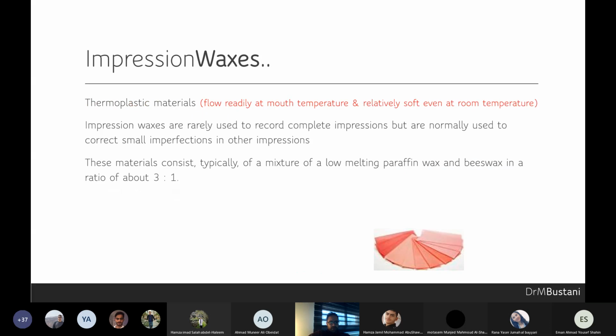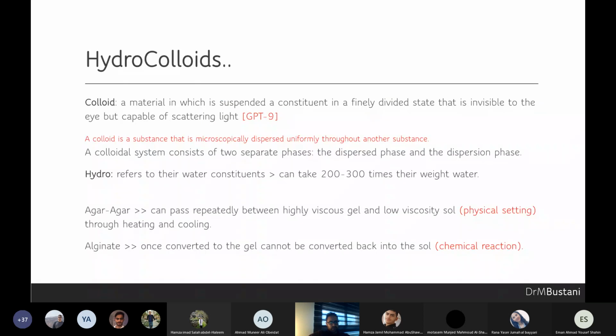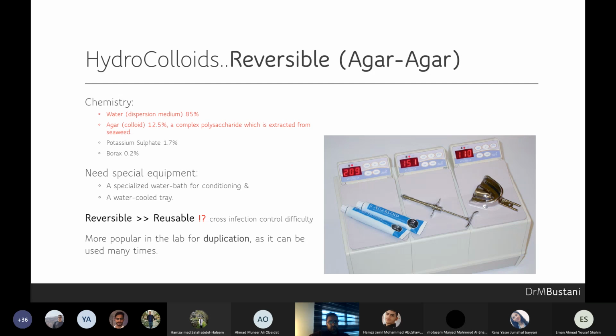Impression waxes are mainly used just to correct small defects in your impression, most probably never to be used to take a complete impression. Hydrocolloids, we said hydrocolloids because the other component is water, and there are two types, the agar-agar and alginate. Agar-agar is the reversible one.